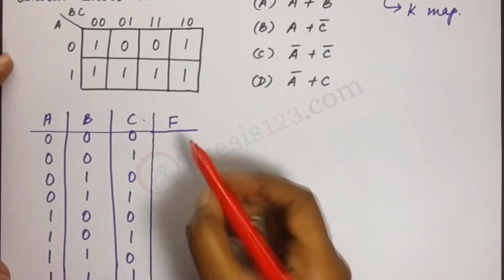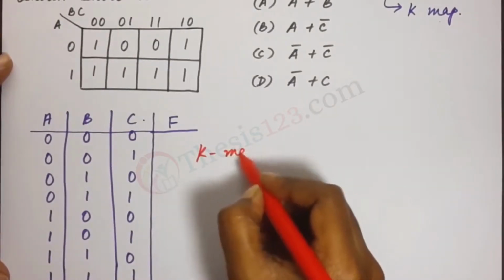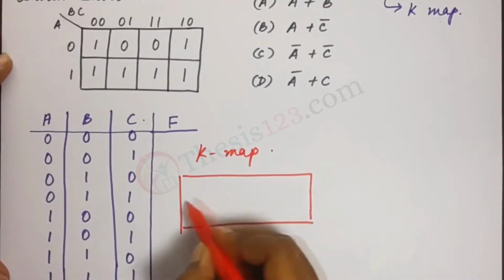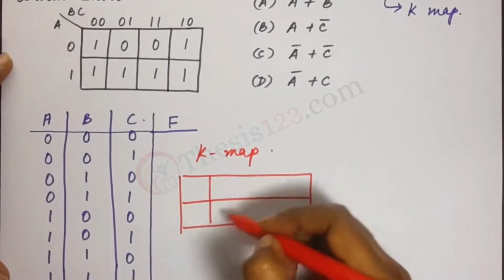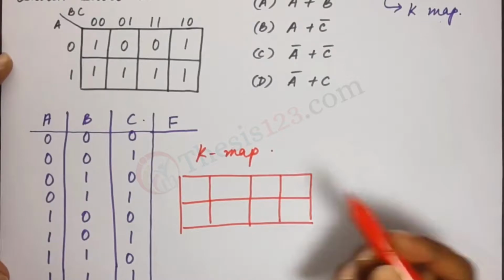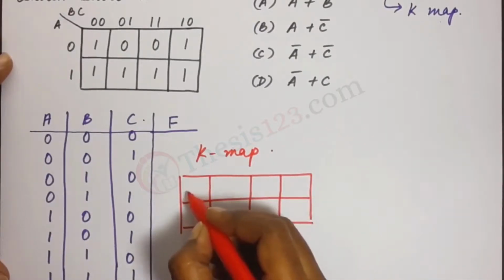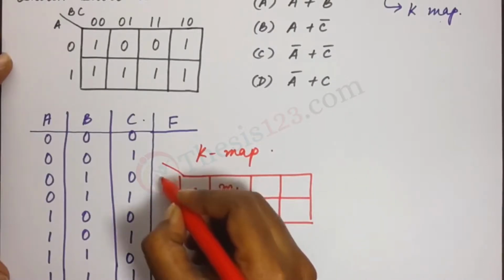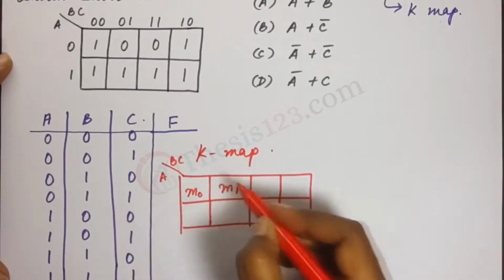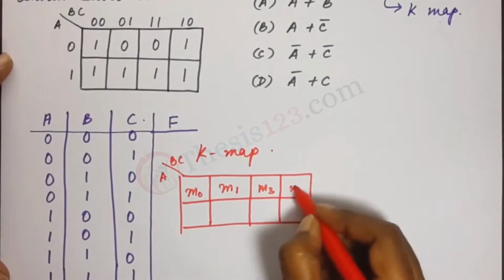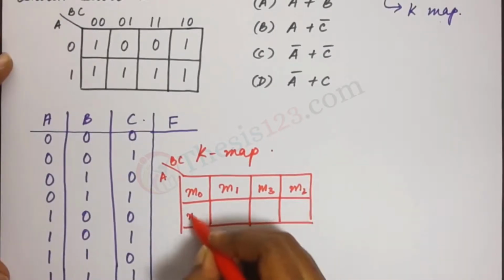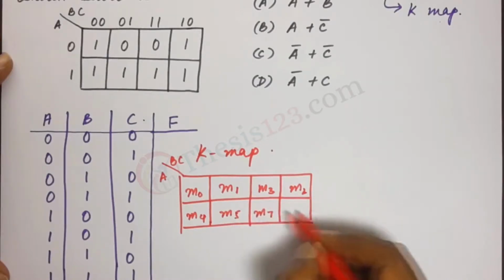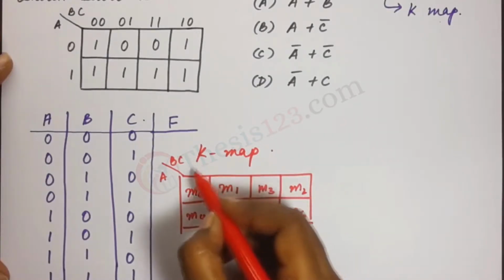In general, the K-map with 8 cells are named M0, M1, this is for A, B and C, M3, M2, M4, M5, M7 and M6.